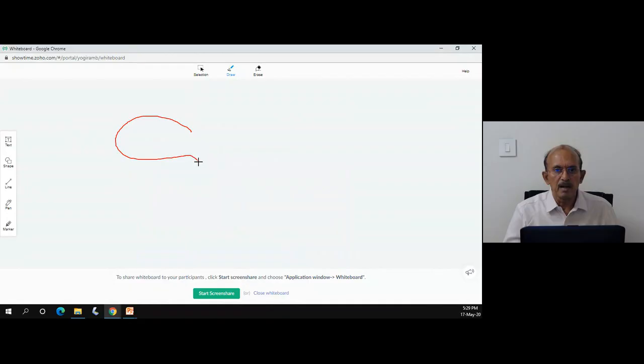This is the gallbladder, this is the Hartmann's pouch, this is the cystic duct. This is the common hepatic duct.